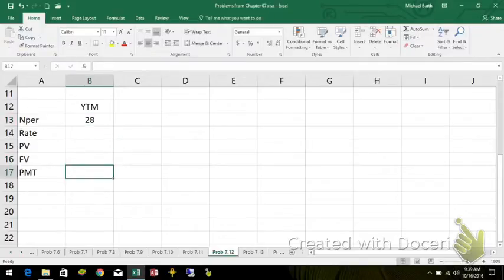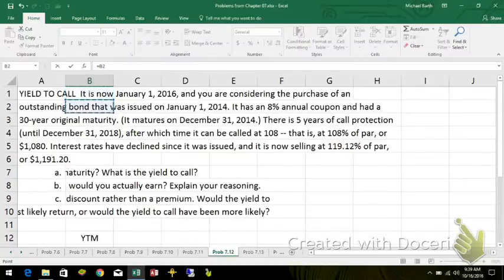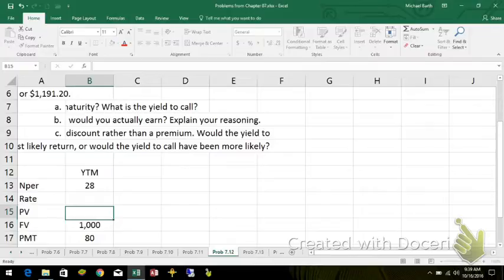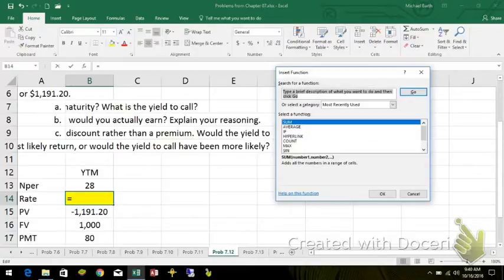It has an 8% annual coupon. So that means that it pays 8% of par, or $80 a year, on a $1,000 par value. The present value is the price, and it is given in the problem as $1191.20. Okay, so now to calculate the yield to maturity, we just calculate rate.